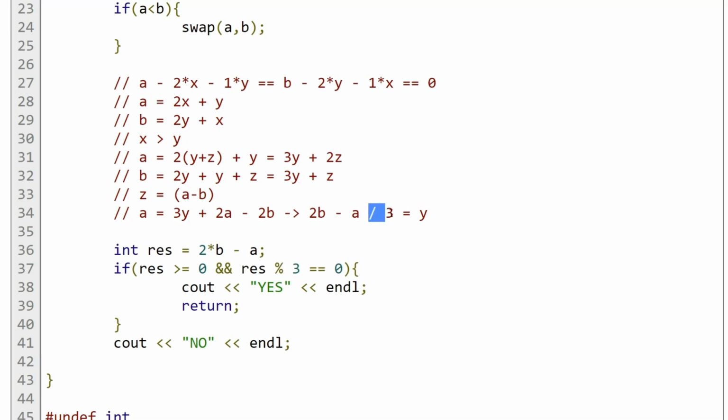So for this to be an integer division, we have to give 0 in this modulo operation here. So if the result is divisible by 3, the result modulo 3 will give us a 0 modulo here, okay? And if this is true, we just output yes and we return. Otherwise, if this is not true, we just output no. And this is pretty much the solution for the problem.